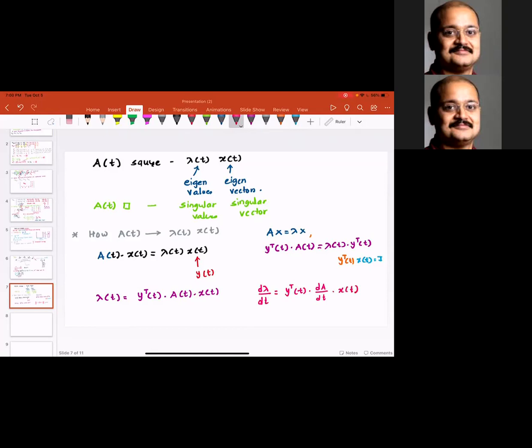Now, something that I want you to understand, and this is important, is that we don't actually solve these equations by hand. These equations are coded in MATLAB or Mathematica or some sort of program that allows us to find the eigenvalues and eigenvectors that are changing with respect to time.